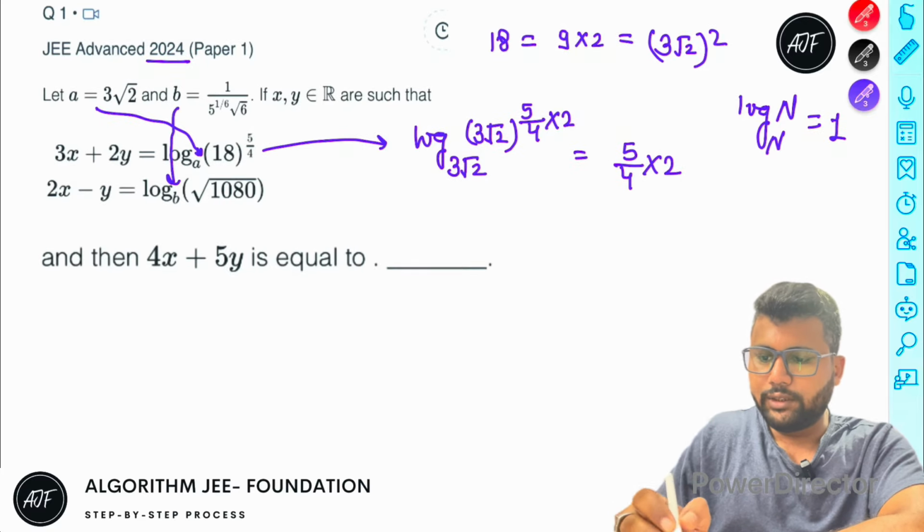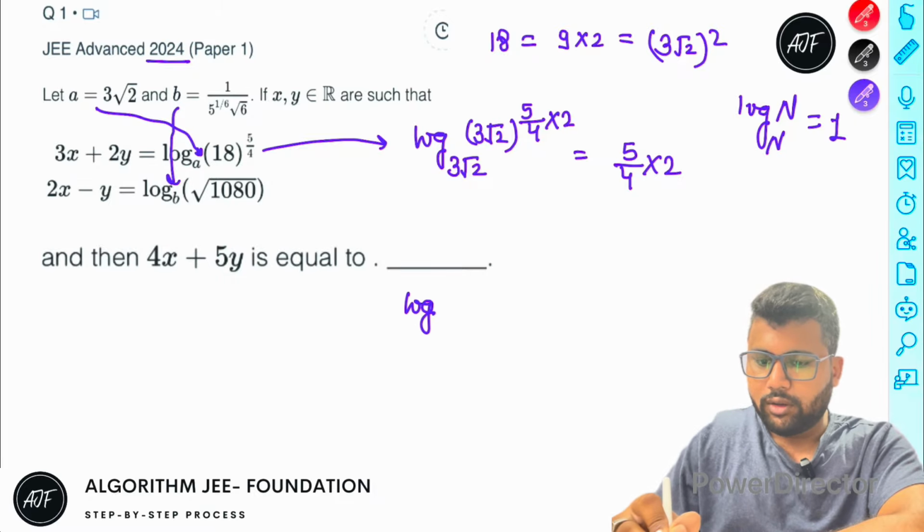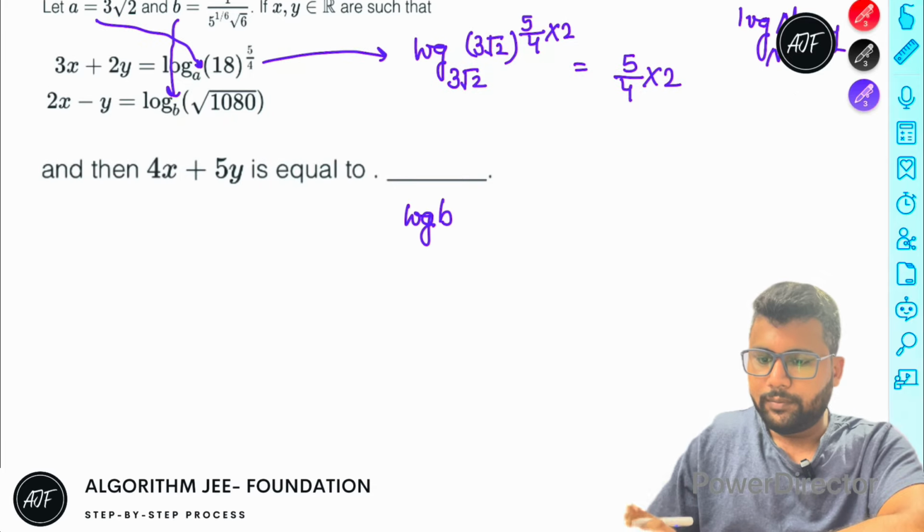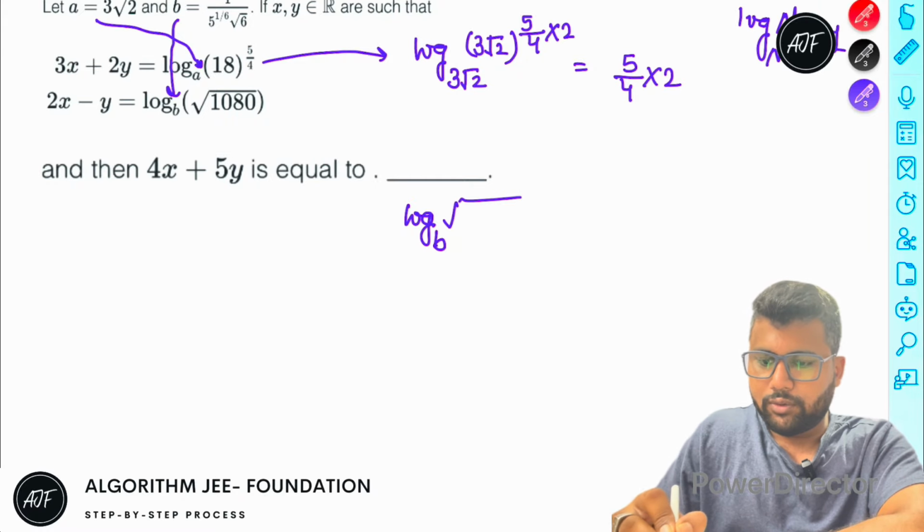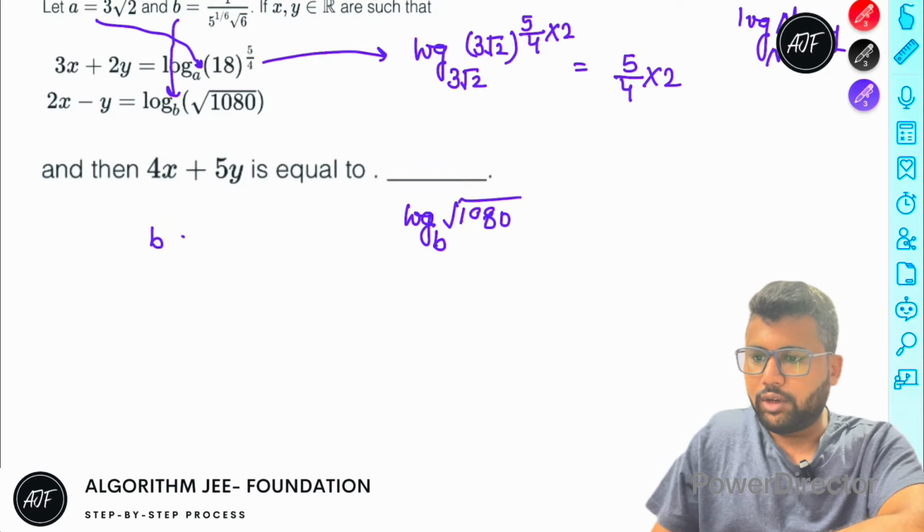Next question: log base b of 1080, where b is given as 5 to the power 1 by 6 times root 6.